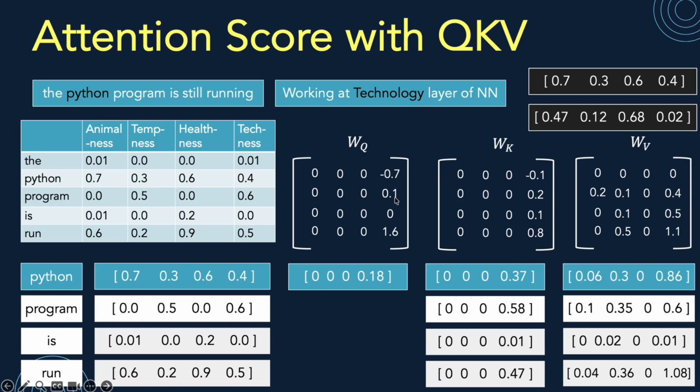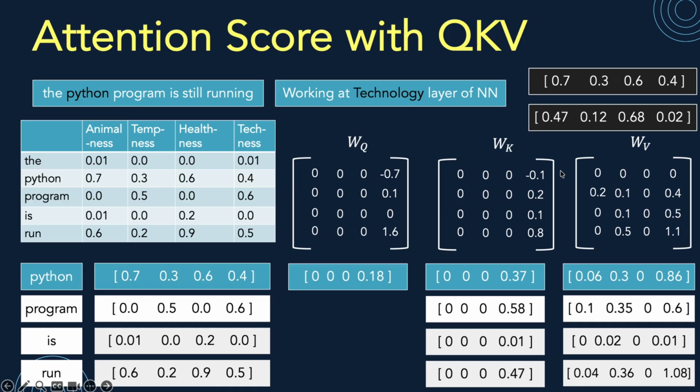For the temperature-ness, there is some impact because technology and temperature have a relationship with each other. The health, I have considered it to be 0 because I did not want to make it more complex. And then you see the technology-ness, or the value of the technology, is 1.6.